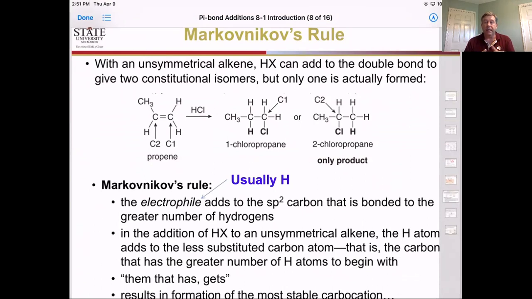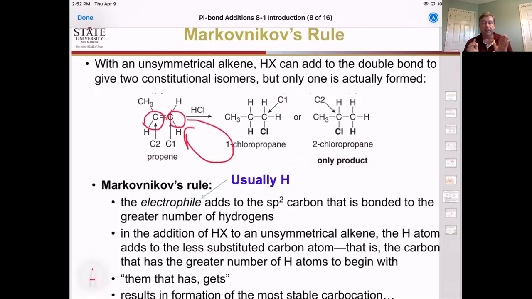And the rule says that the electrophile, usually the hydrogen if we're adding HCl or HBr across it, ends up on the sp2 hybridized carbon with the greatest number of hydrogens. So if you have one hydrogen on one side versus two hydrogens on this side, the hydrogen is going to go on the side that already has two hydrogens on it, okay?